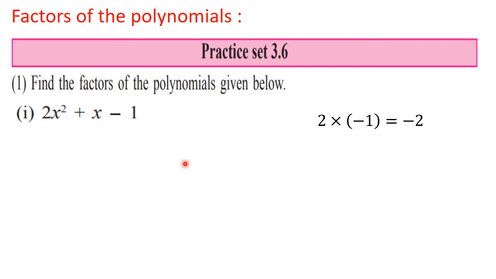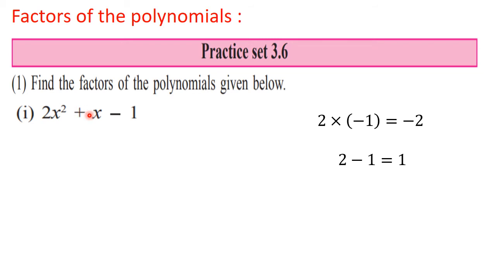But then we need to decide the sign here, because when we have a negative sign, one number is positive and the other number is negative. So how to decide which sign to give to which number? Here you have to observe the sign of the middle term. Since the middle term is positive here, the bigger number, that is 2, will have a positive sign and the smaller number will have a negative sign.